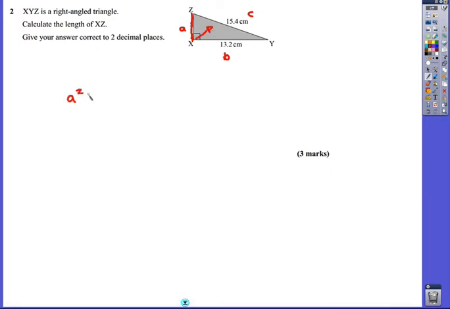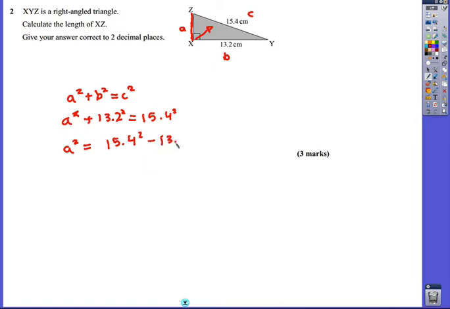So A squared plus B squared equals C squared. We don't know what A squared is. 13.2 squared plus A squared is equal to 15.4 squared.